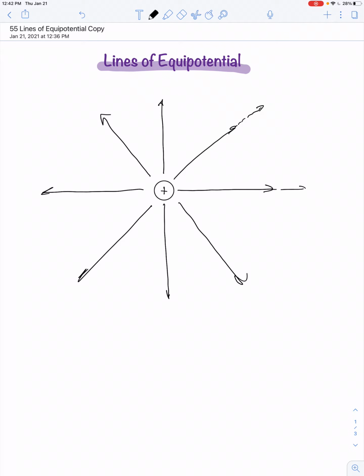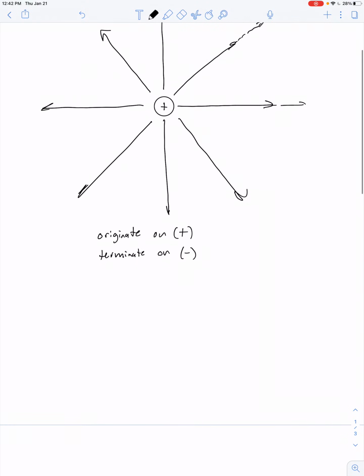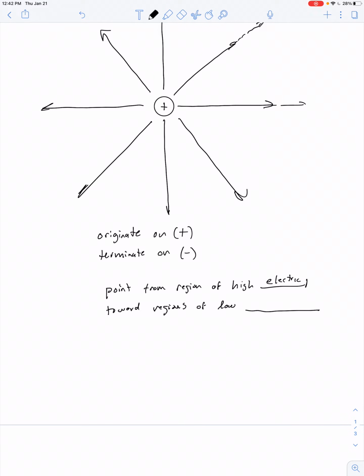Another way of saying that the field lines originate on positive charges and terminate on negative charges, it would be equivalent to suggest that electric field lines point from regions of high something toward regions of low something. That something I'm thinking of is a term called electric potential.